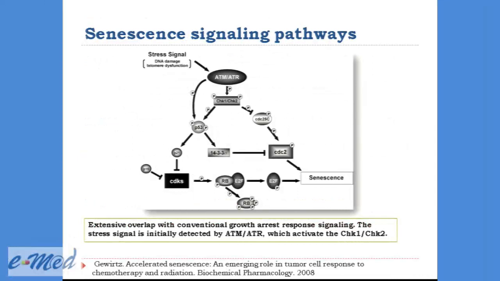The senescence process is intimately connected with DNA damage, and this is a short scheme just to show us that DNA damage activates the ATR and ATM pathways. We don't have time to go over the details of this molecular process, but they finally culminate in senescence.